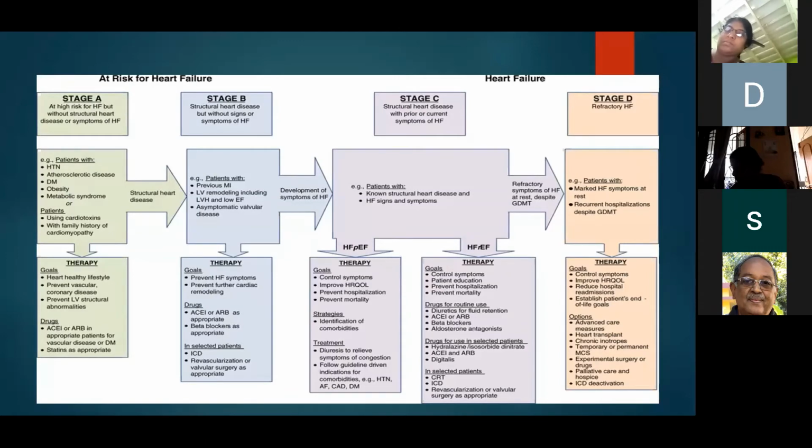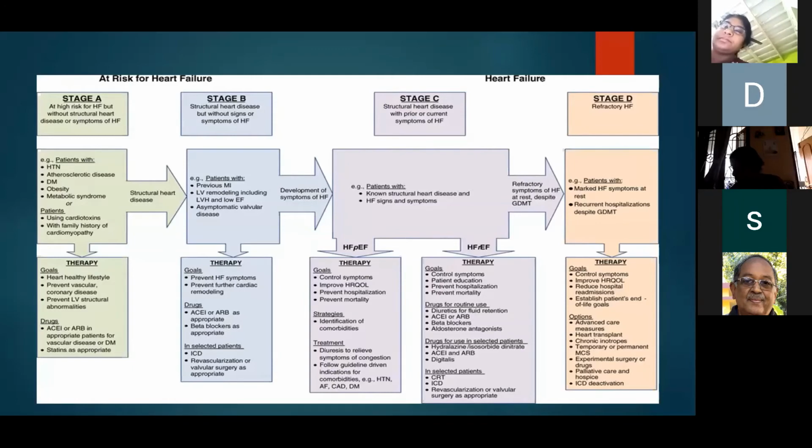Temporary or permanent MCS, which is mechanical cardiac support measures, experimental surgery or drugs, palliative care, hospice, and ICD deactivation. Okay? So stage A to stage D, we've had an overview of what happens with the goals, with the treatment plan, etc. So we move on from here.